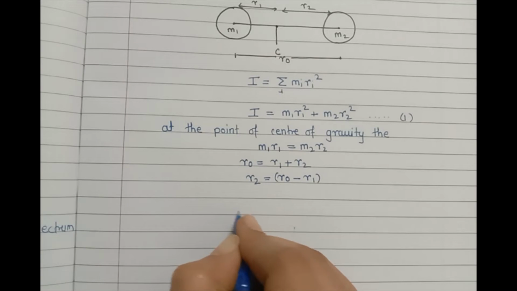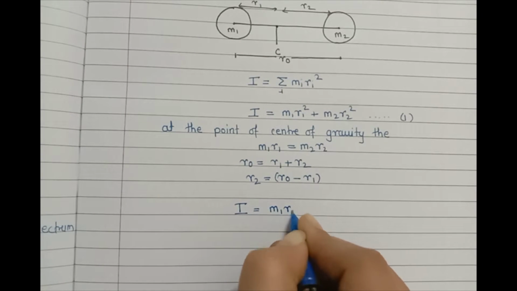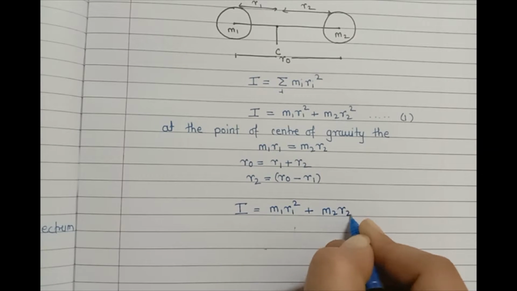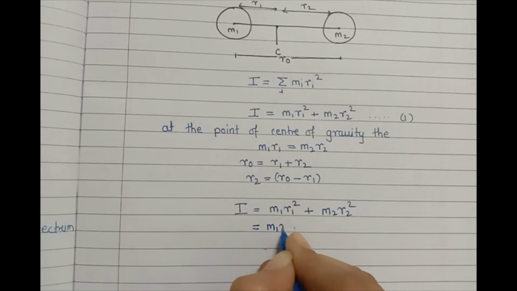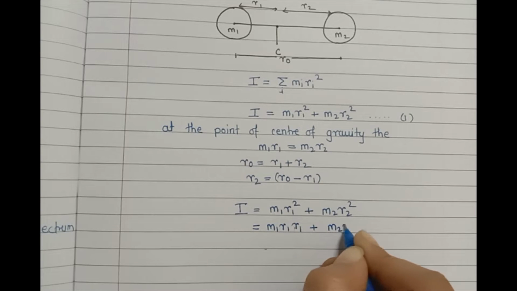So we know that I is equal to M1 R1 square plus M2 R2 square. Now splitting this, M1 R1 into R1 plus M2 R2 into R2.